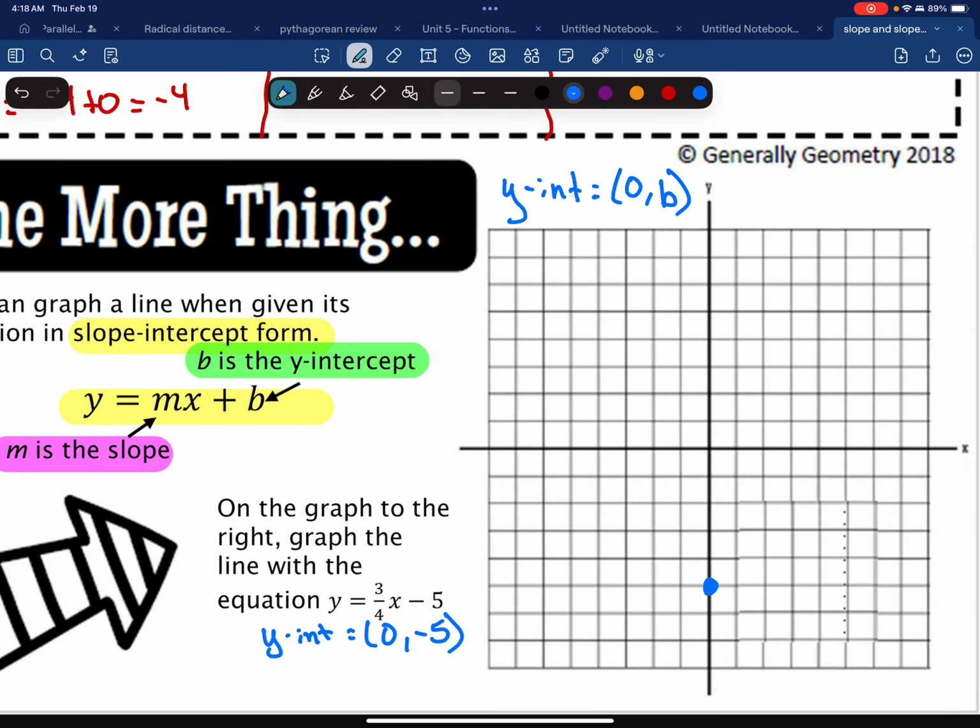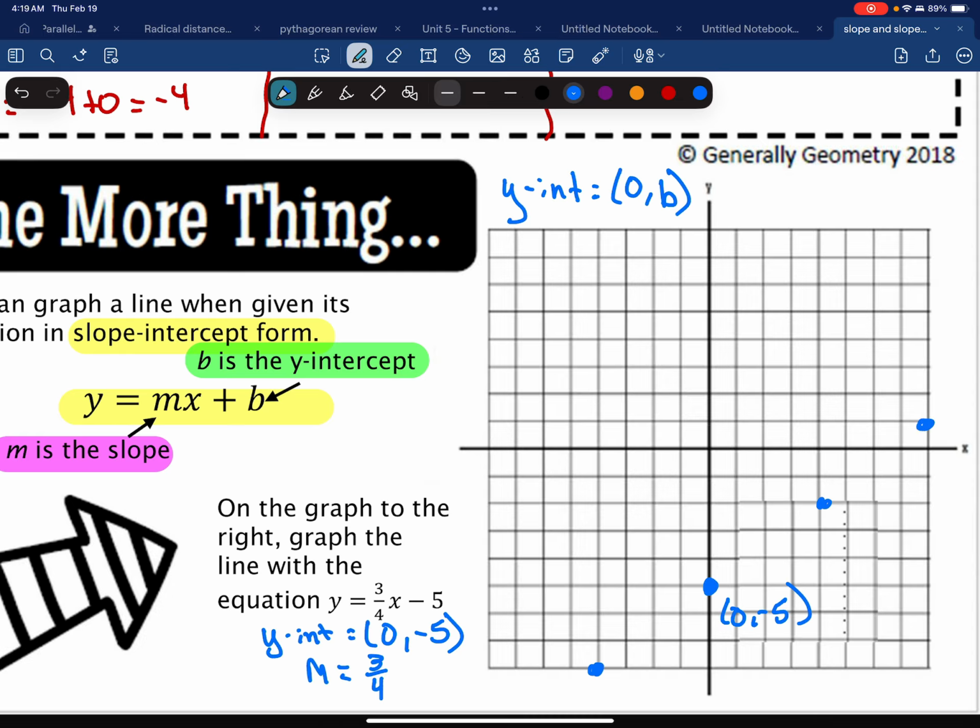There's 0, -5. Now I know what the slope is. My slope is 3/4. So I go up 3: 1, 2, 3, over 4: 1, 2, 3, 4. Let's go down: 1, 2, 3, over 4. It's always good to get about 3 or 4 points. 5 is best.